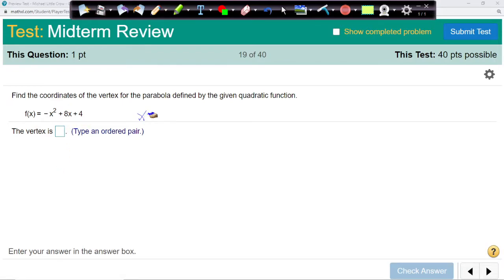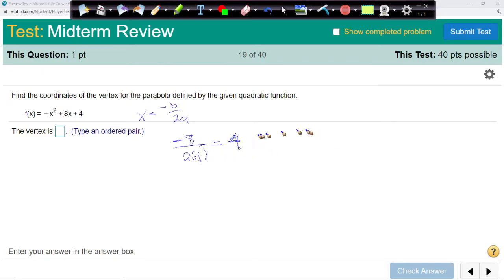The x coordinate is minus b over 2a. b is 8, a is negative 1, so we get negative 8 over 2 times negative 1. Negative divided by negative is positive. 8 divided by 2 is 4. So x equals 4. That's our x coordinate.